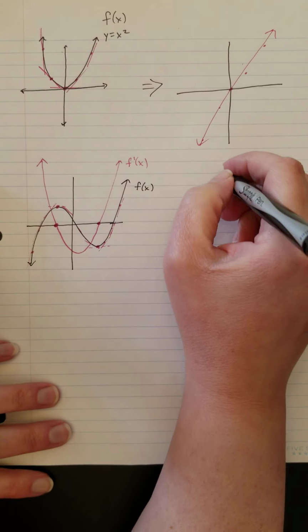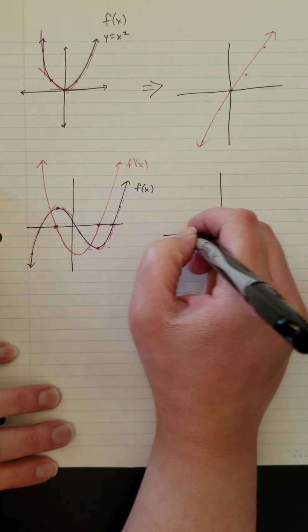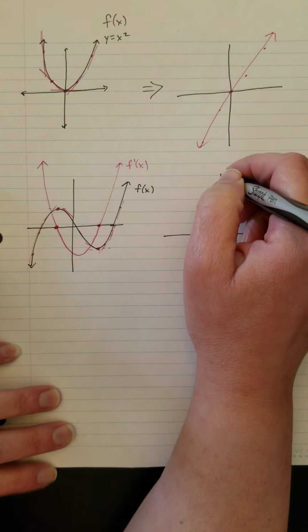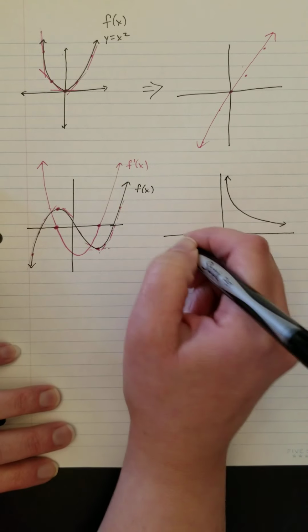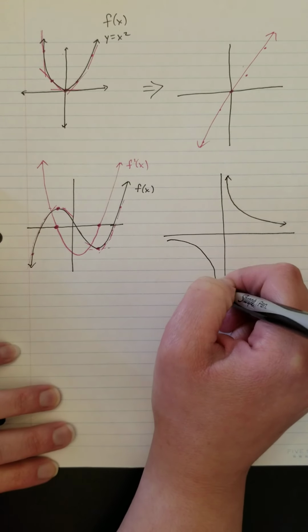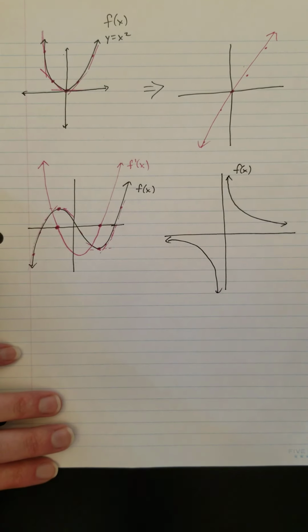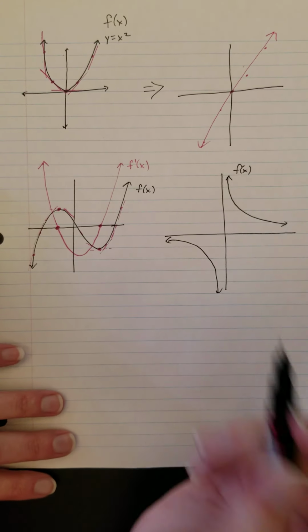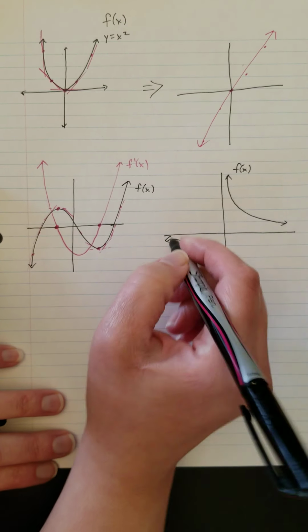So another function that we could look at is, say, y equals 1 over x, so a rational function. So something like that. If this is my original function, what do we see about the slopes of the tangents for all of these?